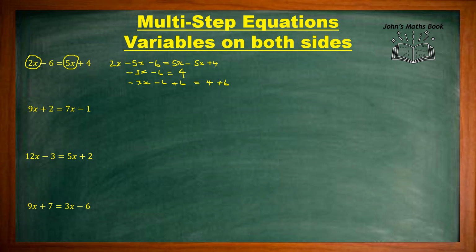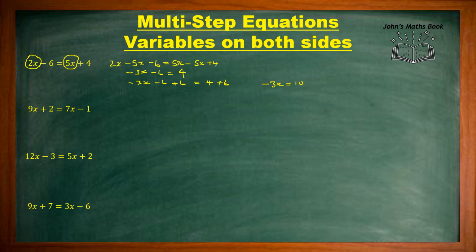So that will give minus 3x. Minus 6 plus 6 is 0. And that is equal to 4 plus 6 is 10. To finally isolate the x variable, we need to divide both sides by minus 3.